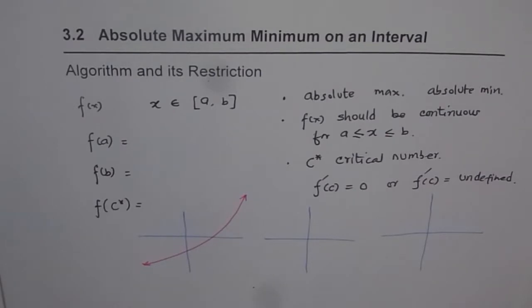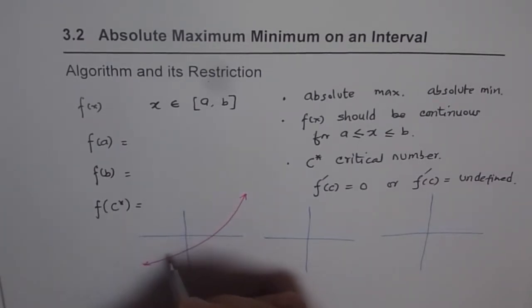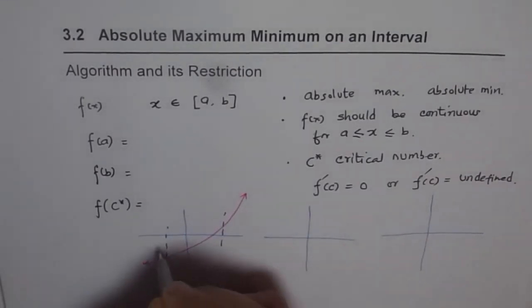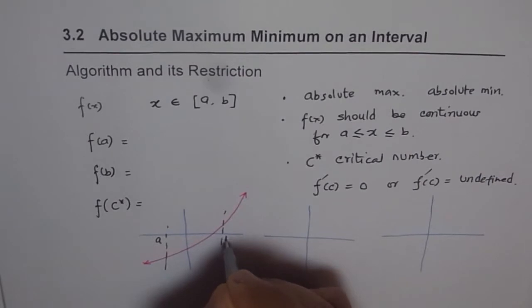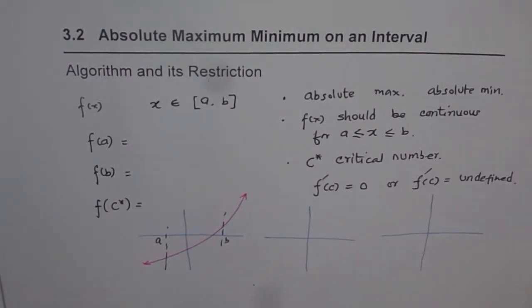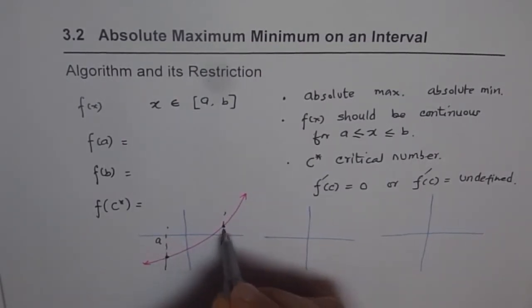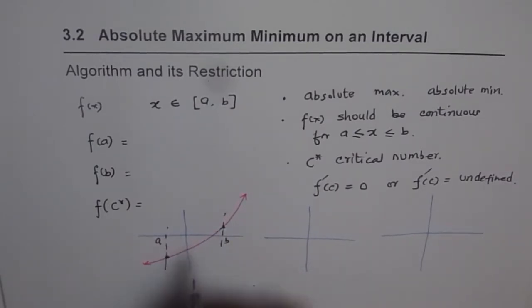But look at it. What happens when we restrict the domain? If I say check the values from a to b, where a is my lower bound and b is my upper bound, in that case what happens? At this point we are just considering the function from a to b. Now if you consider the function between a and b, then you have extreme values.